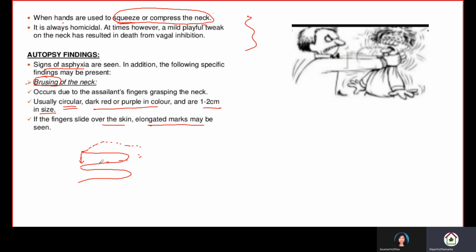So these are small points, mostly circular, dark red or purple in color. And bruising of the neck is a very important point in autopsy findings in case of strangulation.